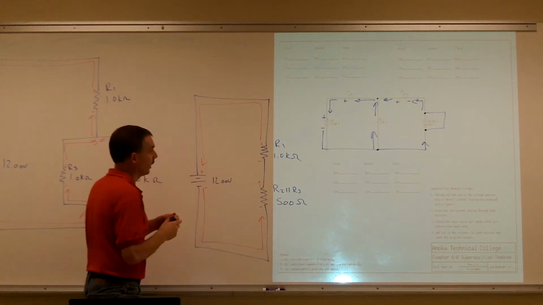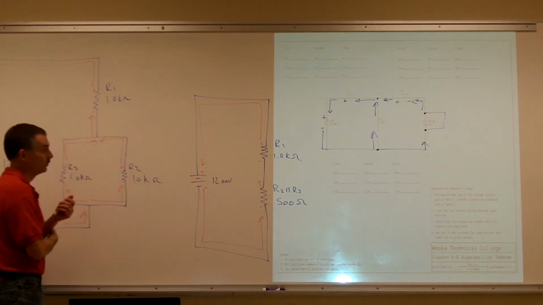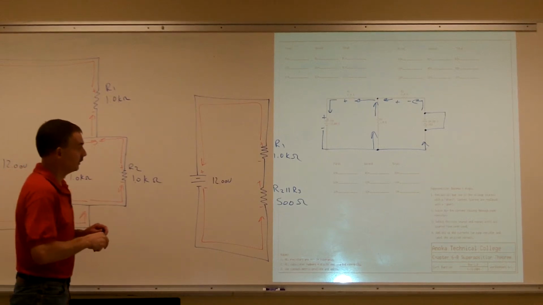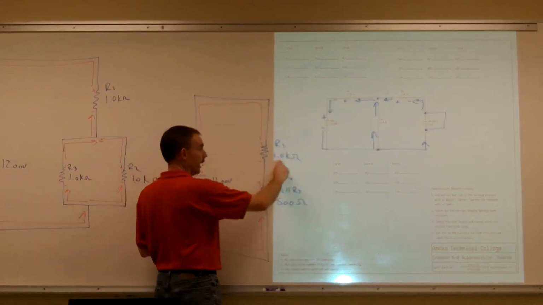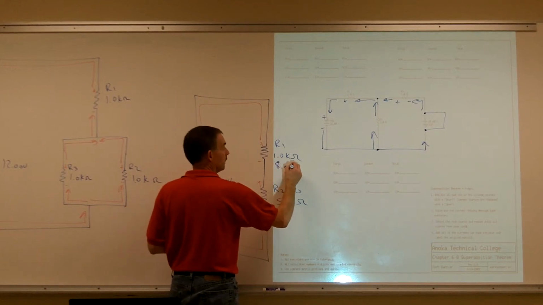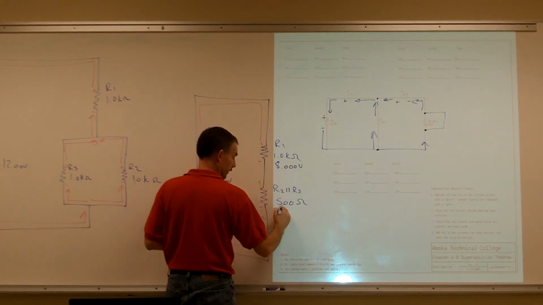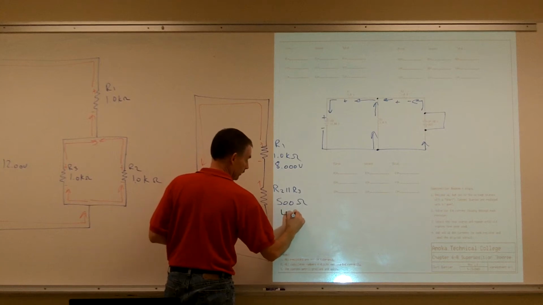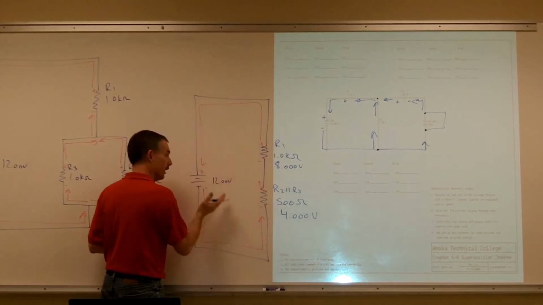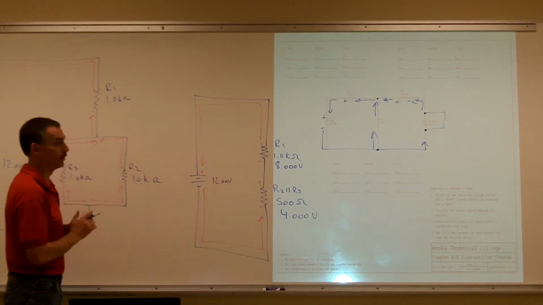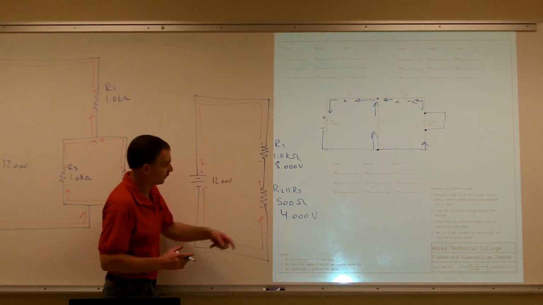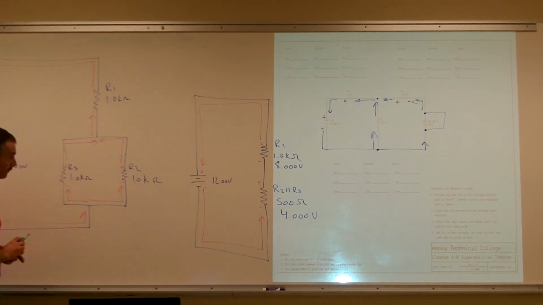How much voltage is R1 going to drop compared to R2 and 3? It's going to drop twice as much, right? So this one here would have to be 8 volts. This one's going to have to be how much? 4 volts. If I add them all up together, I get my 12 volts. So I know that R1 is dropping twice as much voltage as R2 and 3.